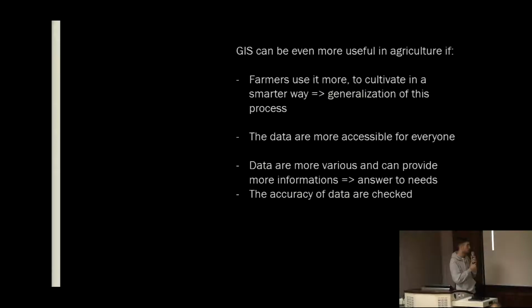If the data are more accessible for everyone, more people will be able to use it, and the GIS method can develop even faster. And so yeah, if the data are more varied and can provide more information, it can answer the needs in a better way. And if the accuracy of the data is checked, it can lead to better results too.